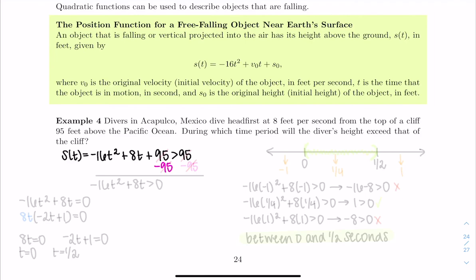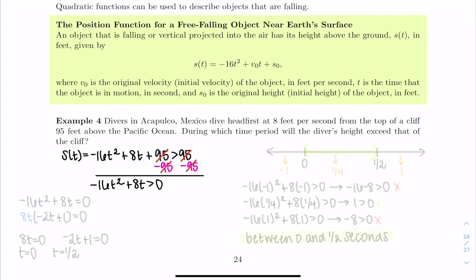And so that means we are subtracting 95 from both sides. It's actually going to end up canceling on both sides, and we get negative 16t squared plus 8t is greater than 0.